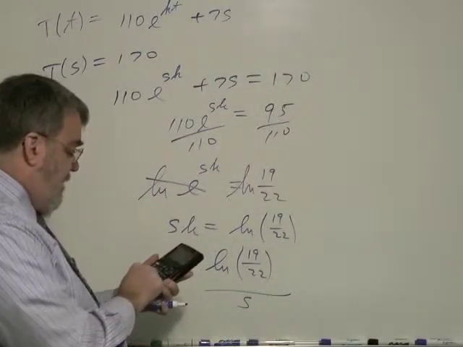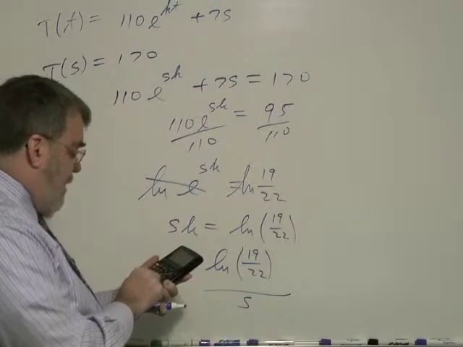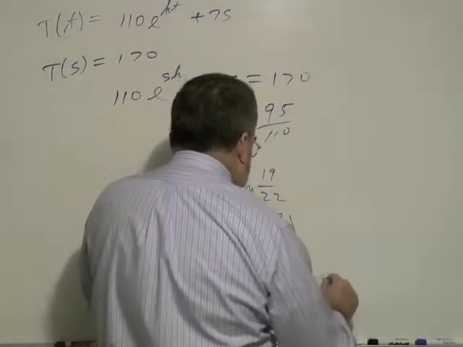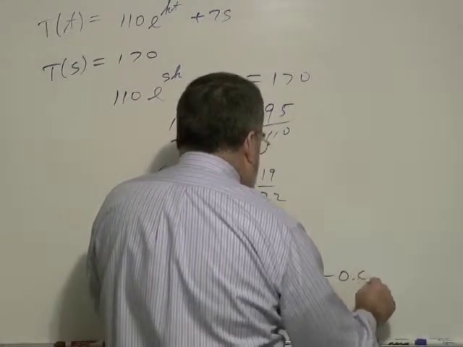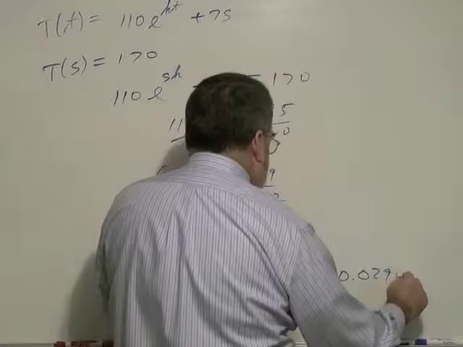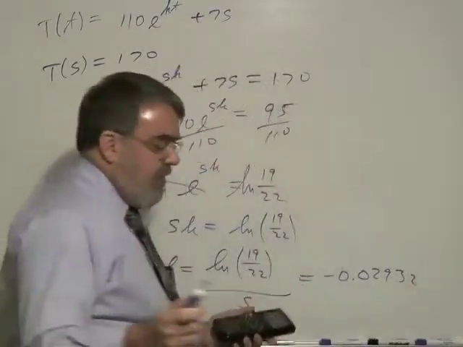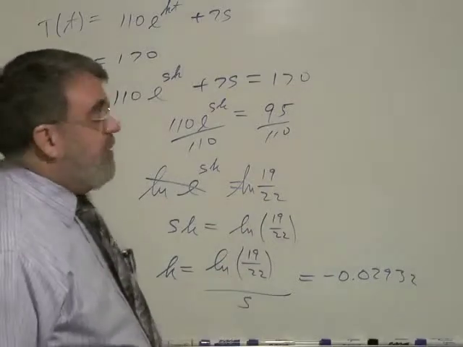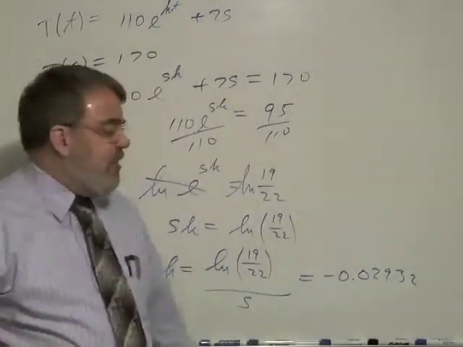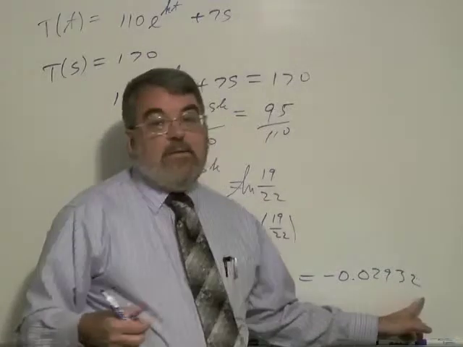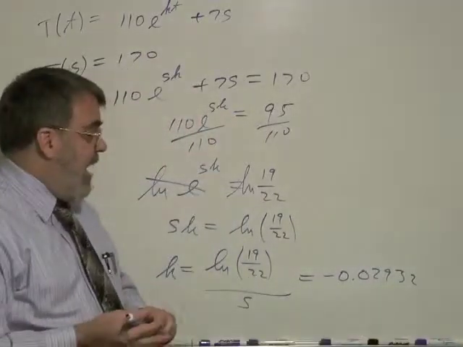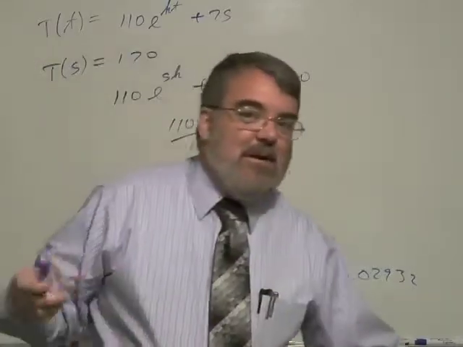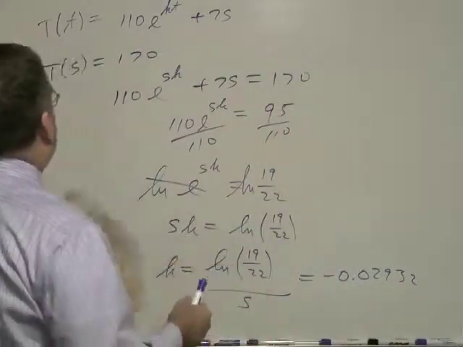Natural log of 19 divided by 22, divided by 5, is about negative 0.02932. Now, if you want to go to decimals, and it'd be okay to just keep writing this for k if you wanted to, but if you go to decimals, I would say go 4 significant places in order to preserve accuracy, and that will give you a pretty accurate answer in my experience with these types of problems.